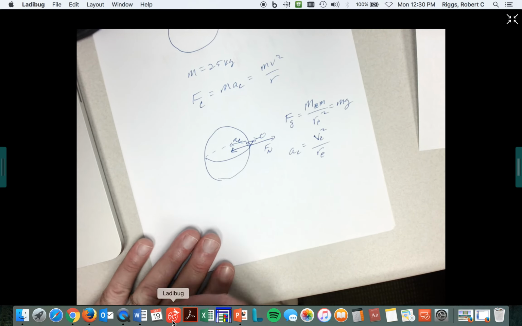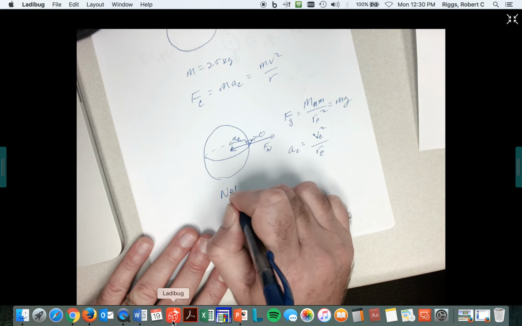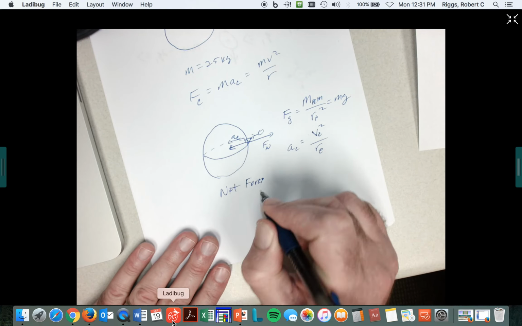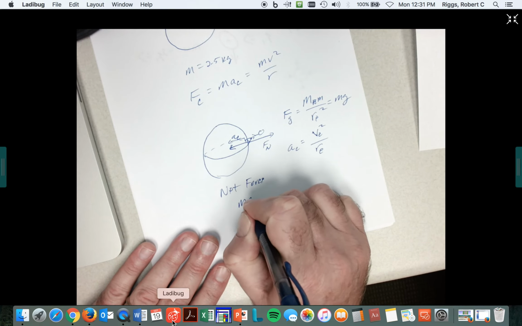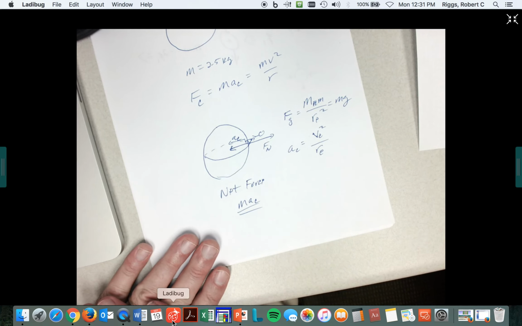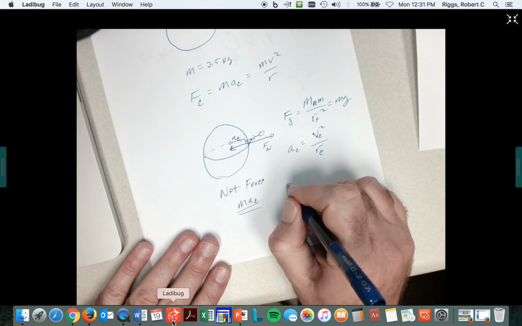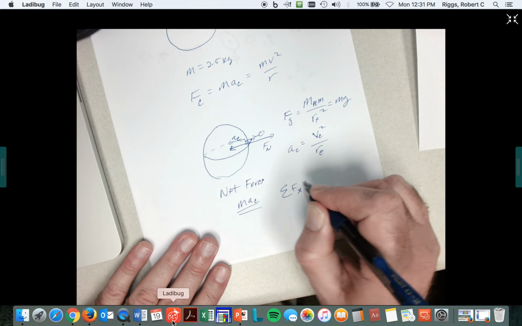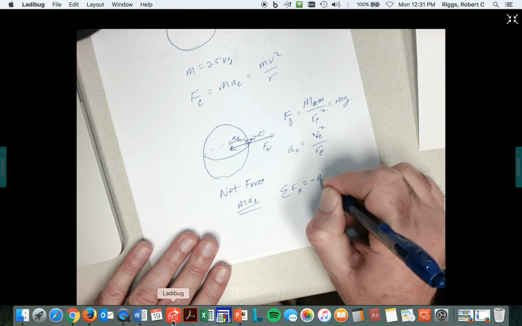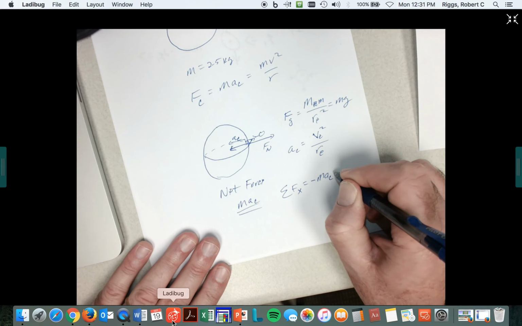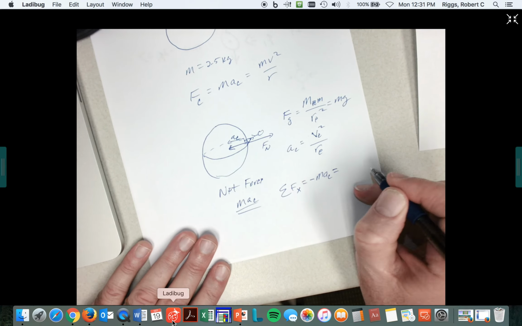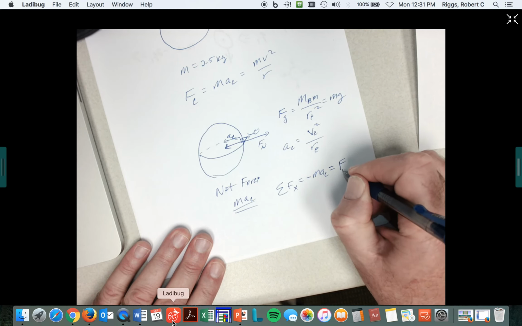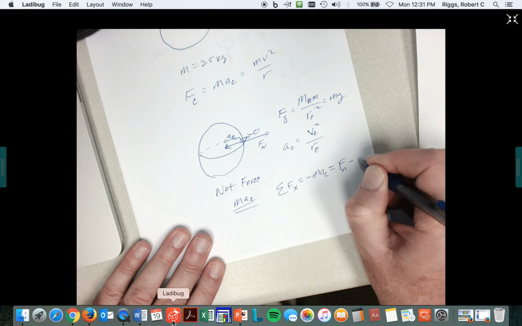Now the net force in anything where you're going around in uniform circular motion is always m a c. All right. Want to make sure we know that. So if we take the sum of the forces in this case in the x direction, the net force is minus m a c, which is equal to Fn minus mg.